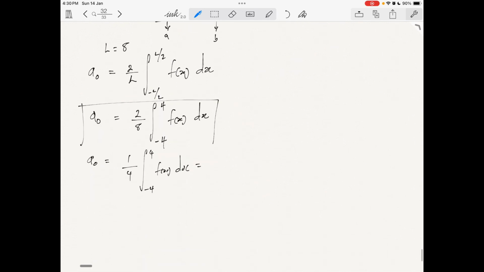The first range is 1 over 4 integral of minus 4 to minus 2 of f of x dx.